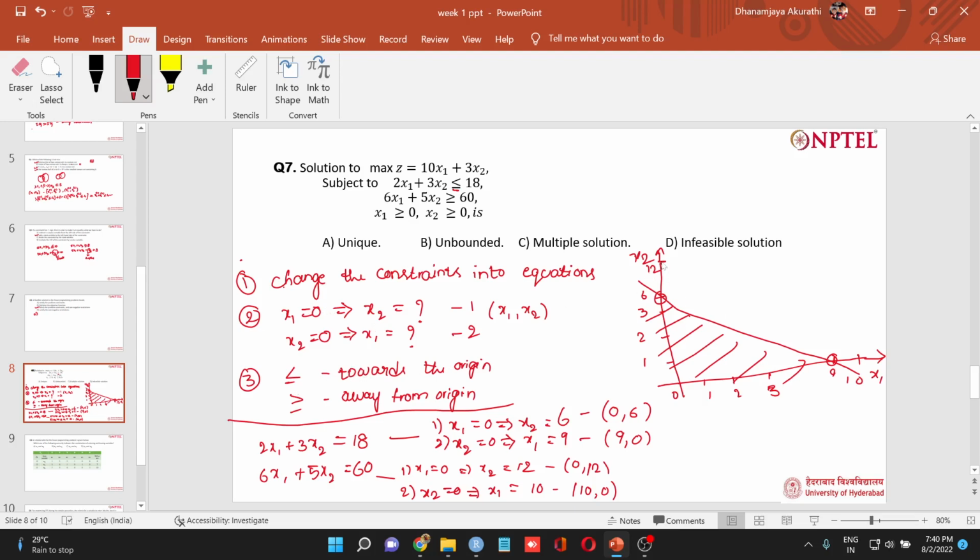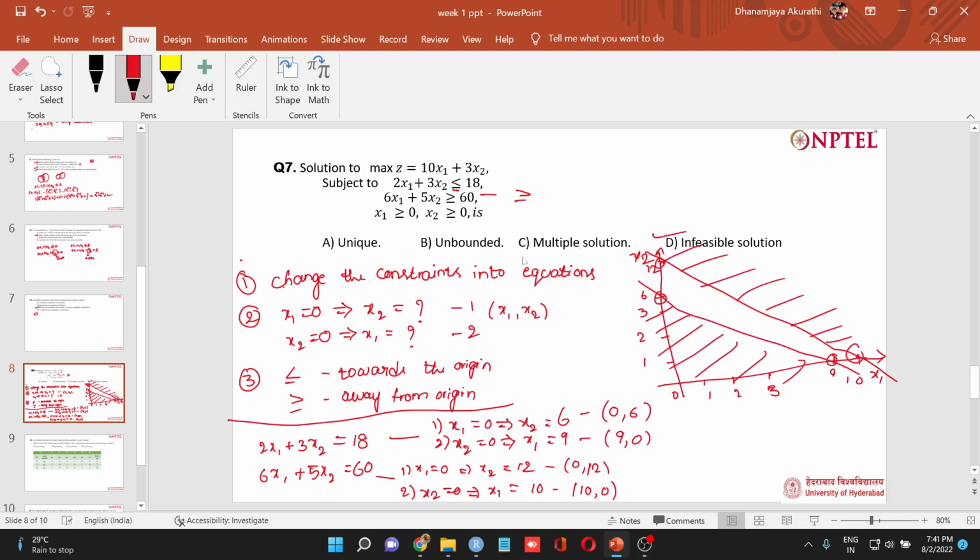In the same way, we plot x1 equal to 0 and x2 equal to 12, and the other point. In the second equation the inequality is greater than or equal to, so we shade away from the origin. There is no common region in the shaded region, so we can say it is an infeasible solution.